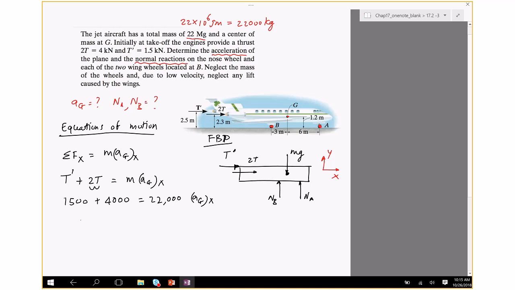So that helps us to solve for the acceleration. It comes out to be 0.25 meters per second squared.